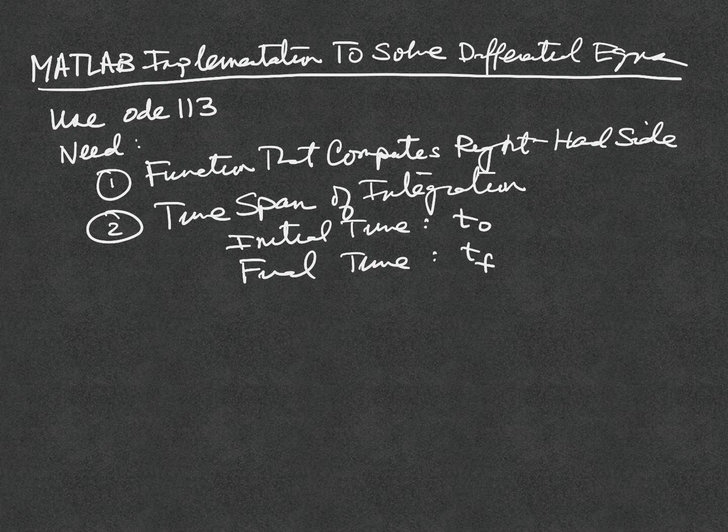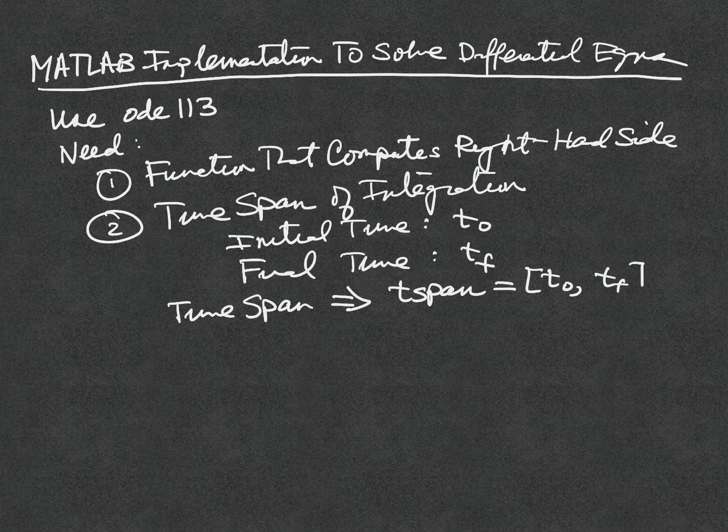And the time span is going to equal T span. This is now MATLAB notation, not math. It's going to equal T0 TF. I don't have to create this variable, I can just say T0 TF, but I'm going to do it because I think it's a better way to do things in Matlab. The third thing we need is an initial condition.